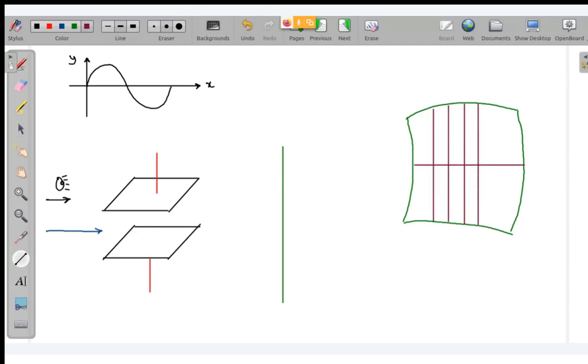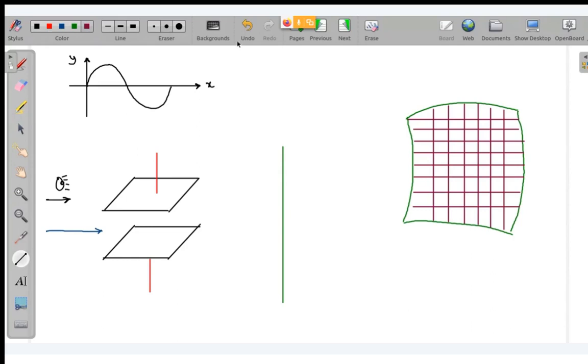I will erase this, but you should know how a screen looks in a CRO. We have different equally spaced grids, like this. Tell me, up to this point, is what I am trying to say clear?